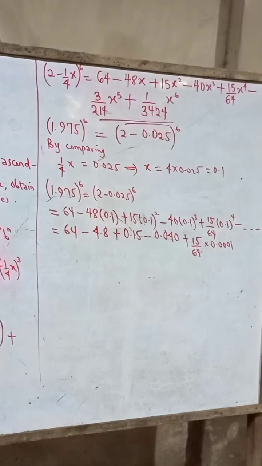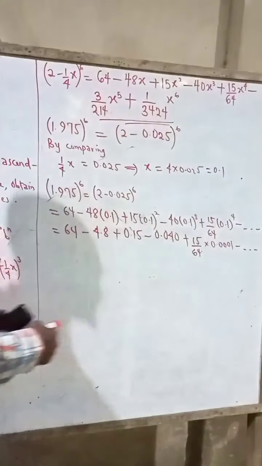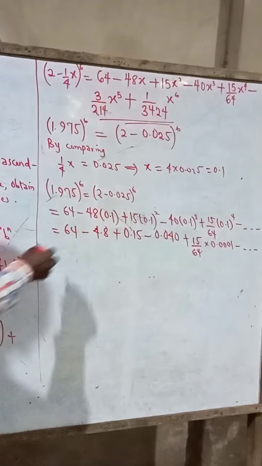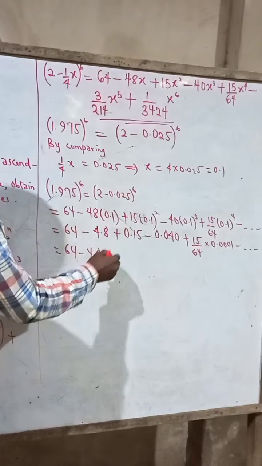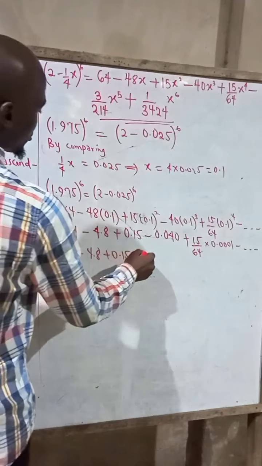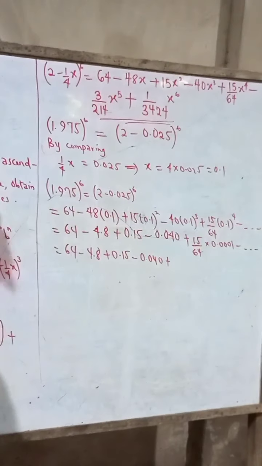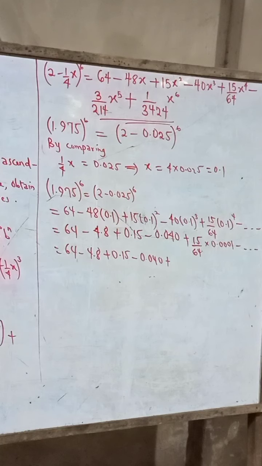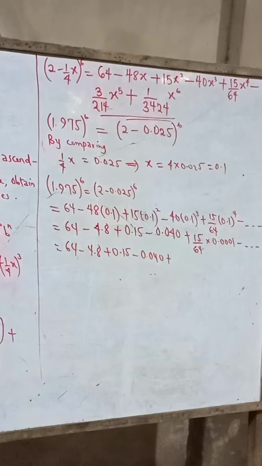So we can neglect the remaining terms and so on. So we have to compute a value for that. We have 64 minus 4.8 plus 0.15 minus 0.040 plus 15 times 0.0001 divided by 64.